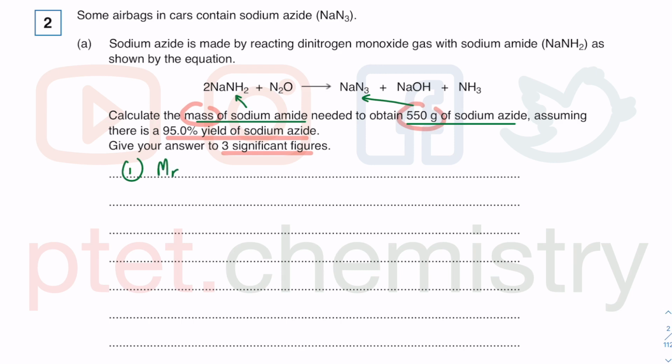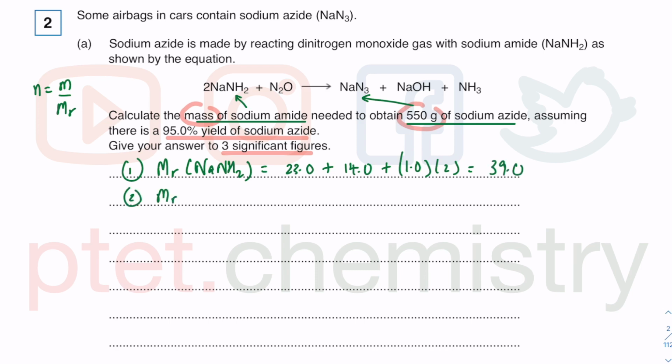Really I should be thinking about mole equals mass over Mr for both of them. The Mr is for 1 unit of these. From the periodic table, I get 23.0 plus 14.0 plus 1.0 times 2. Pressing the calculator very quickly, 23 plus 14 plus 1 times 2, 39.0.